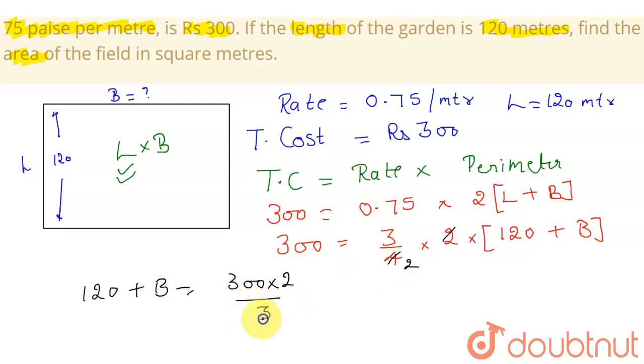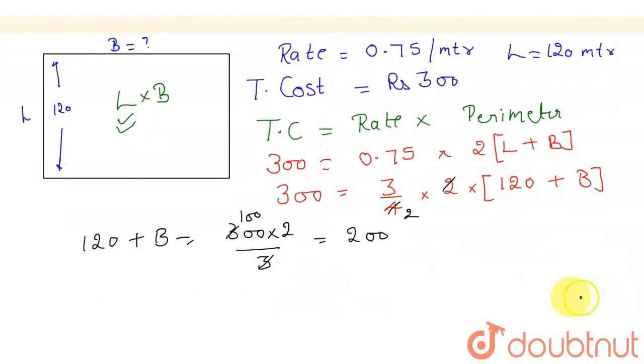So it will be 100 into 2, which gives me 200. So the sum of L and B is 200, and our breadth will be 200 minus 120, which is 80 meter.